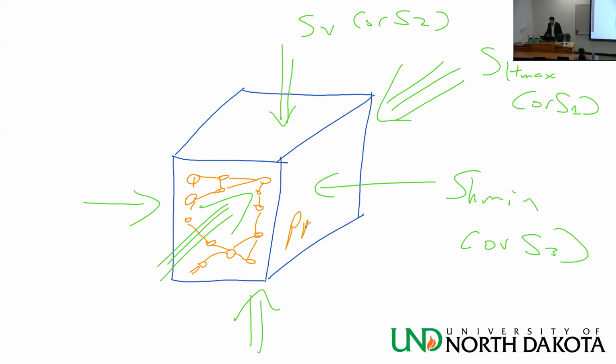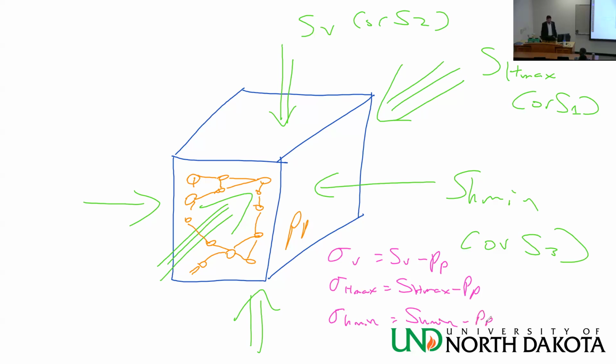Let's just say we go with the Andersonian stress regime. We have sigma V, which is basically SV minus PP. We have sigma H max, which is SH max minus PP. We have sigma H min, which is SH min minus PP. Or maybe I want to be with the non-Andersonian. I want a different system.